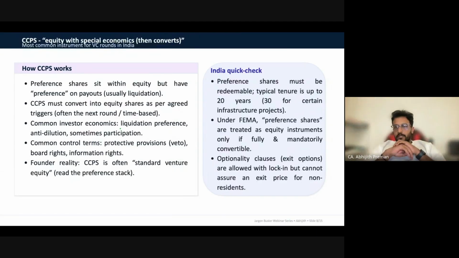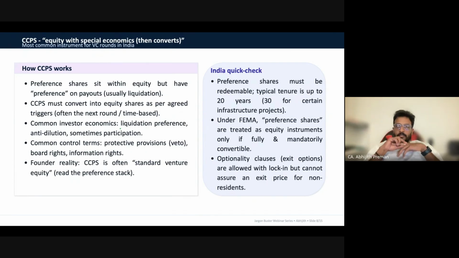Okay, 1 crore is the investment by an investor. They're holding 10%, you are holding 90%. This is a preference share. Tomorrow the company is being sold for 5 crore. In that case also, first the investor's 1 crore gets repaid. Okay, that is the protective provision that they keep, and the remaining 4 crore is divided in the ratio of 90:10 between founder and investor. So that's why liquidation preference is there.